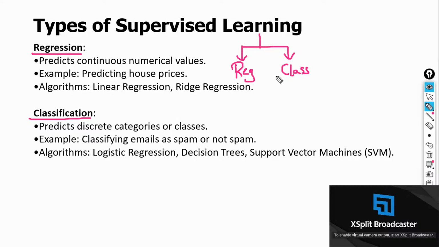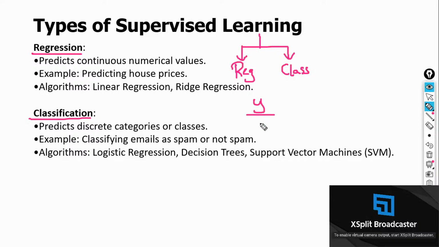Classification, the name itself is telling us: classification algorithms are used to predict discrete categories or classes. That means you will have a y column. In this y column, if you have discrete data, what does discrete data mean? Data which has a fixed set of values.